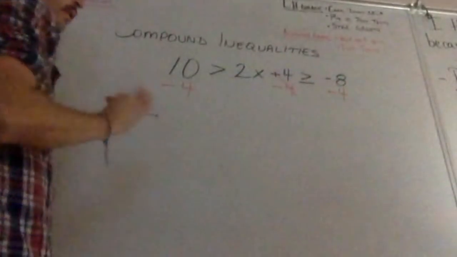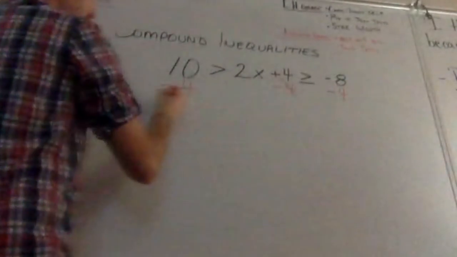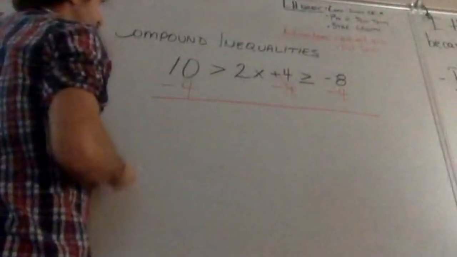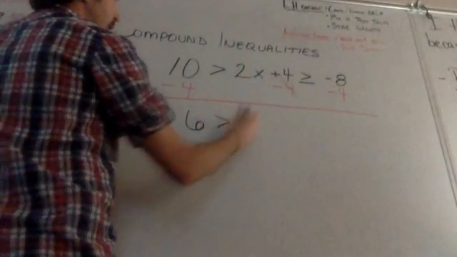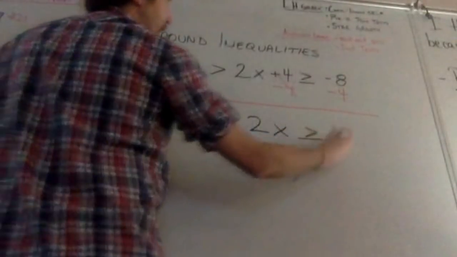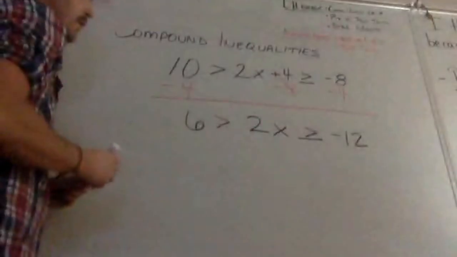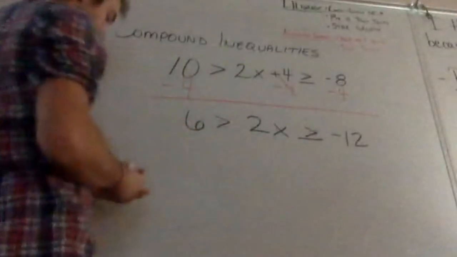So notice this is a little different. Take away from the middle and bring it to the outsides. So again, I'm going to place my line there to show I have a step. So I'm going to end up with 10 minus 4, which is 6, is greater than 2x, which is greater than or equal to -8 minus 4, which is -12. So I got rid of my 4 in the middle. So look, I only have 2 x's.